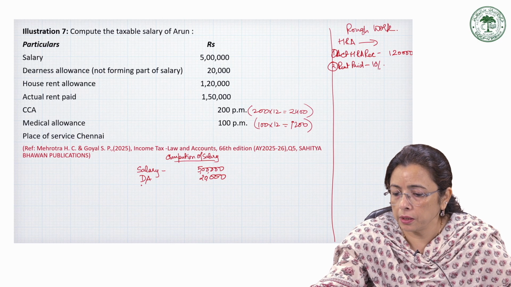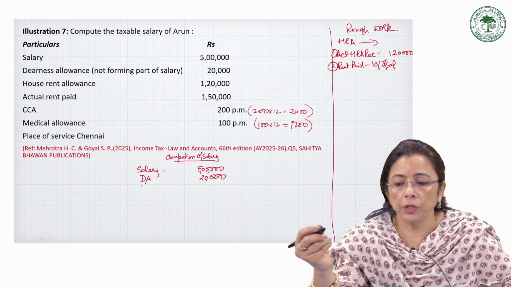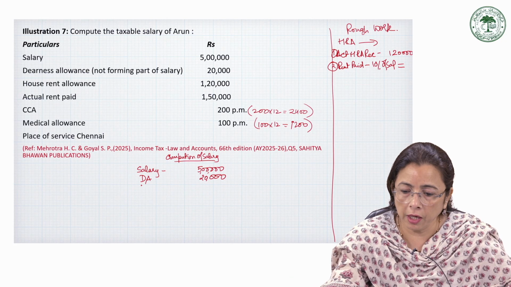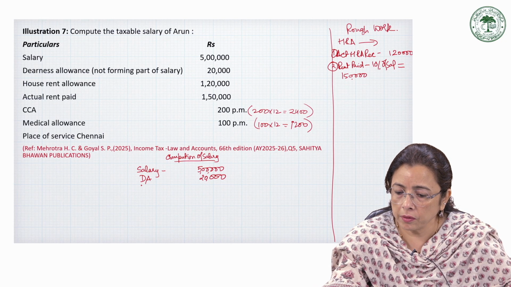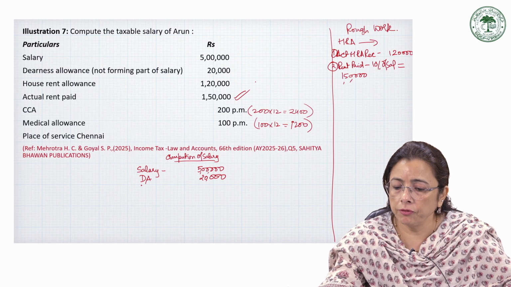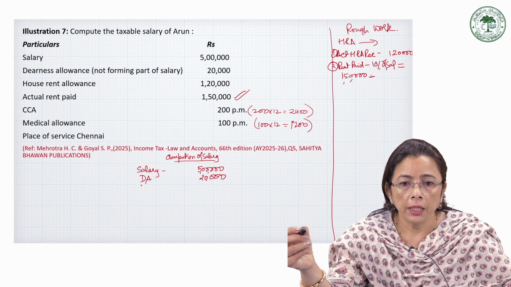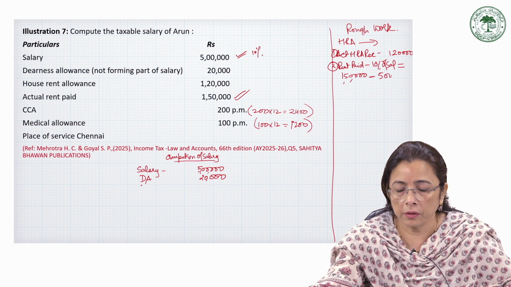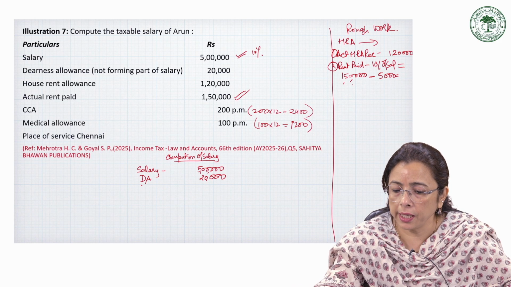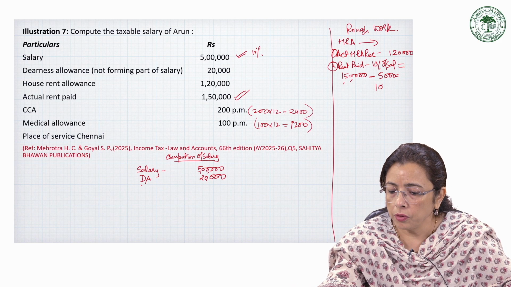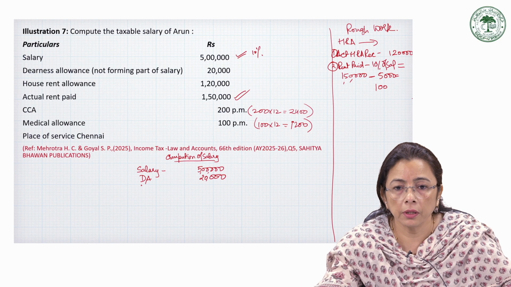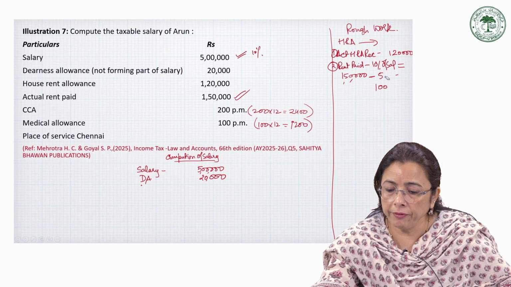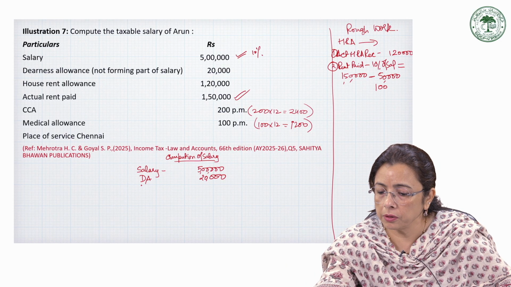10% of the salary. Rent paid is 1,50,000 as given in the question, minus 10% of the salary. 10% of 5 lakh is 50,000.